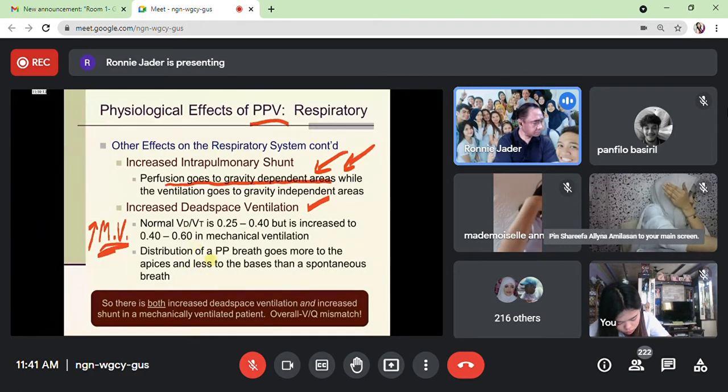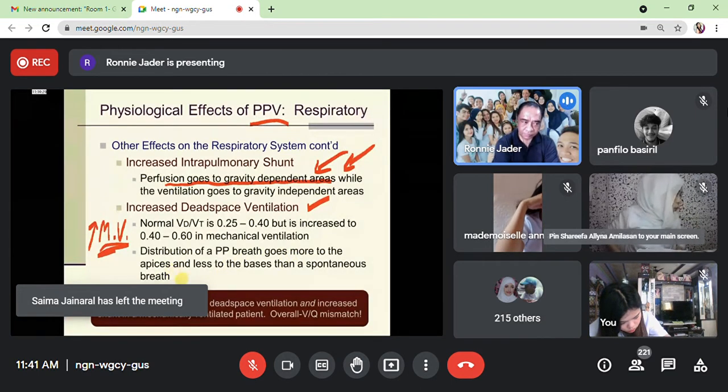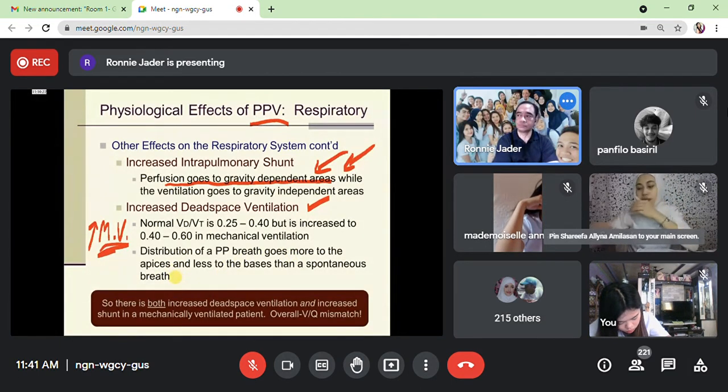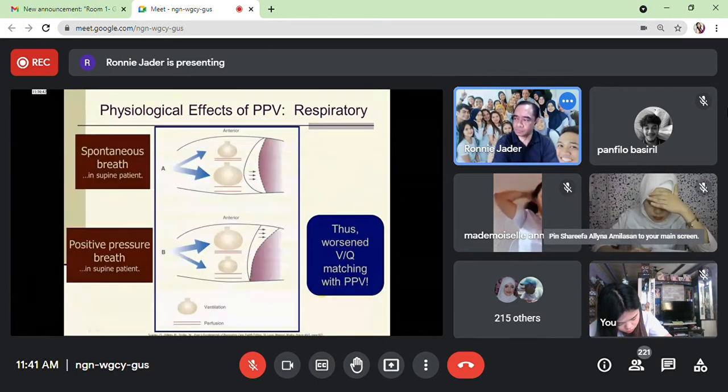And that's because of this unequal or unusual distribution of a positive pressure breath going, say, more to the apices or to that zone 1 than to the areas that have good perfusion. All right. So we get both an increase in dead space ventilation and an increase in shunting, because some of those areas where there is good blood flow, there's not enough ventilation, so that blood goes through without participating in gas exchange. So that's a shunt.